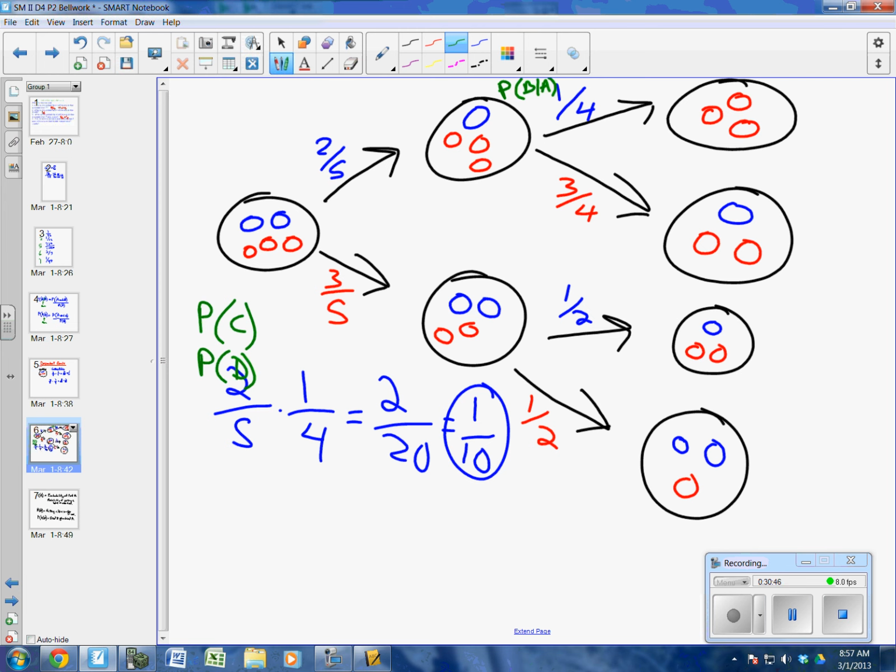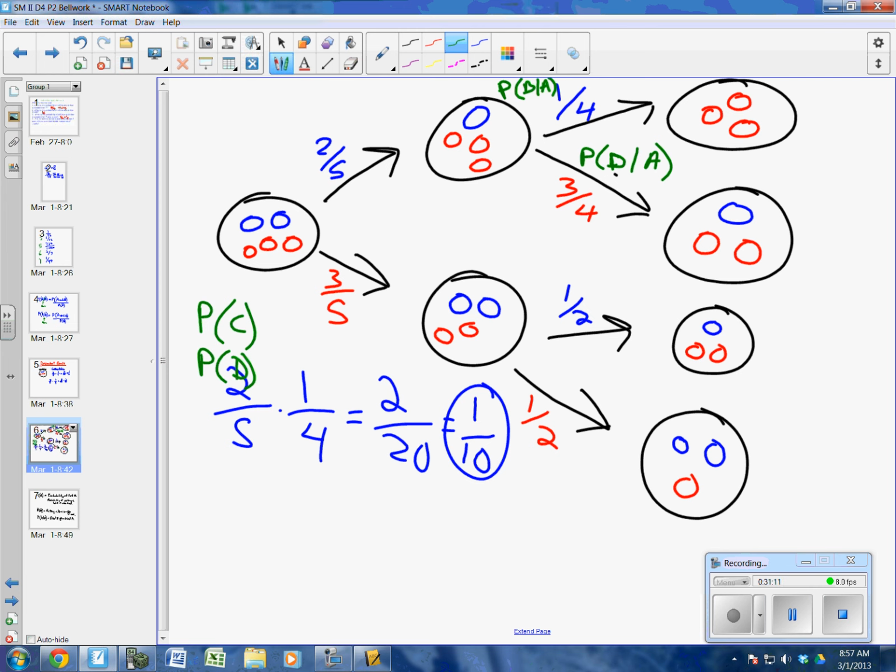And so we could say, okay, what's the probability of D given A? In other words, choosing a red marble, if D is choosing a red marble the second time, given that we chose a blue marble the first time.